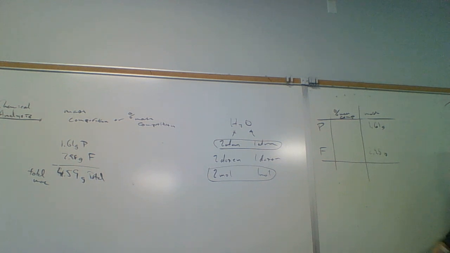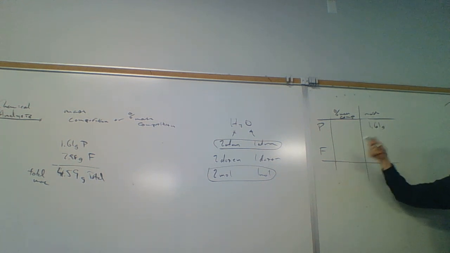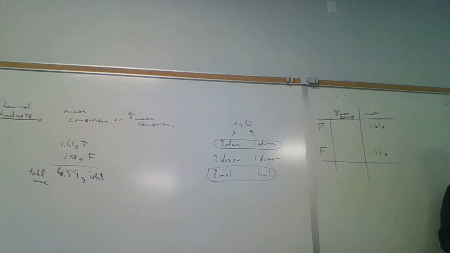Now, if we're given u, I would do an atom ratio. But if we're given grams, I don't want to hassle with gram to u conversion and then figuring out how many atoms I have. I'm just going to go straight from grams to moles. Well, how do I go to moles? I need the molar mass.